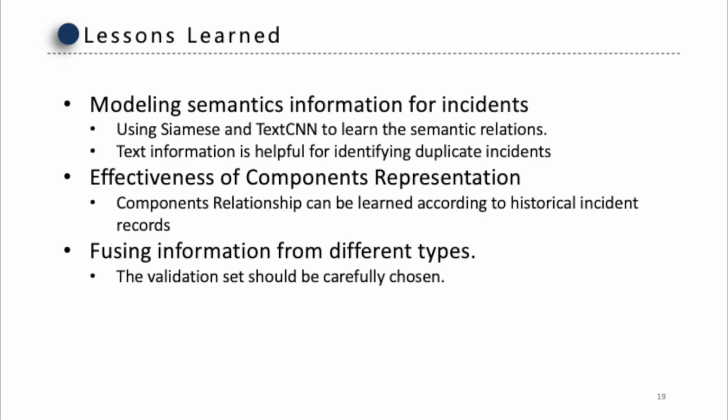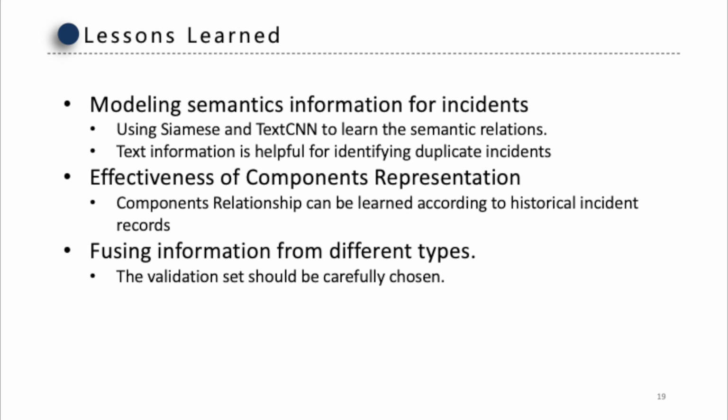Here we have learned 3 lessons. Firstly, we should model the semantic information of incidents to be effective. We use Xian and CMS to learn the semantic representation in an unsupervised manner, and text information can be a great help for identifying duplicate incidents.